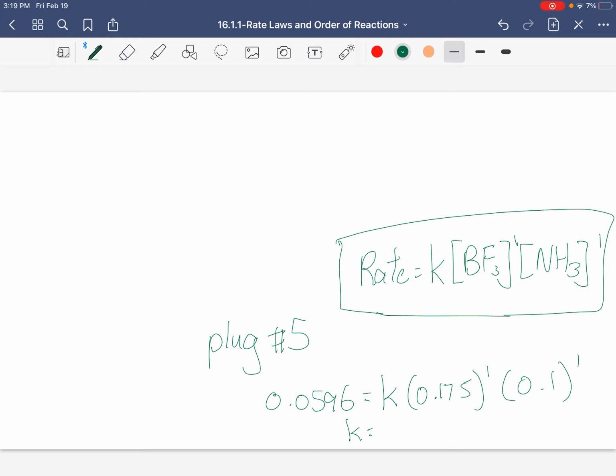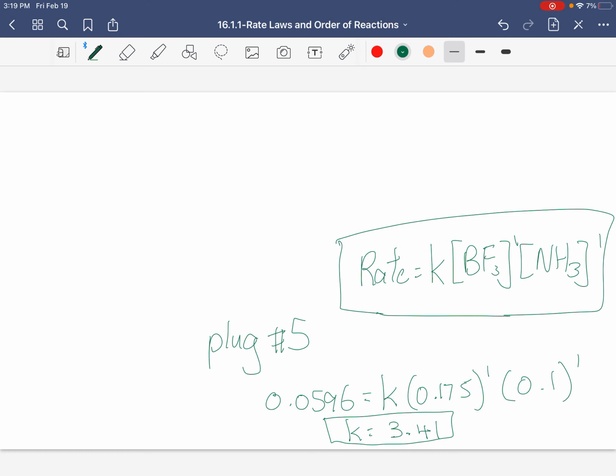What is K? Well, 0.0596 divided by 0.175 times 0.1, and K is 3.41. That's K.